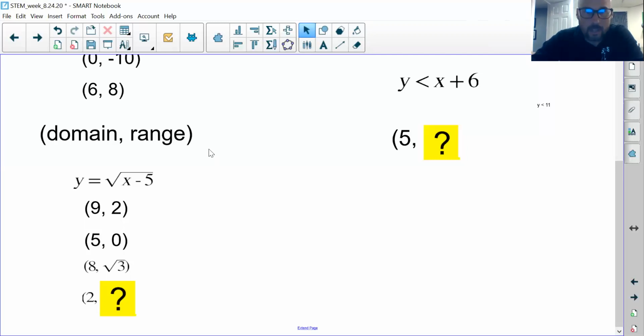For a lot of our classes, this class especially, imaginary numbers are out the window. We're not going to talk about them. We're not going to think about them. So if 2, a domain element, leads me to an imaginary number, then what's my conclusion? 2 is undefined. The function is undefined when x is 2. Or in other words, 2 is really not in the domain.